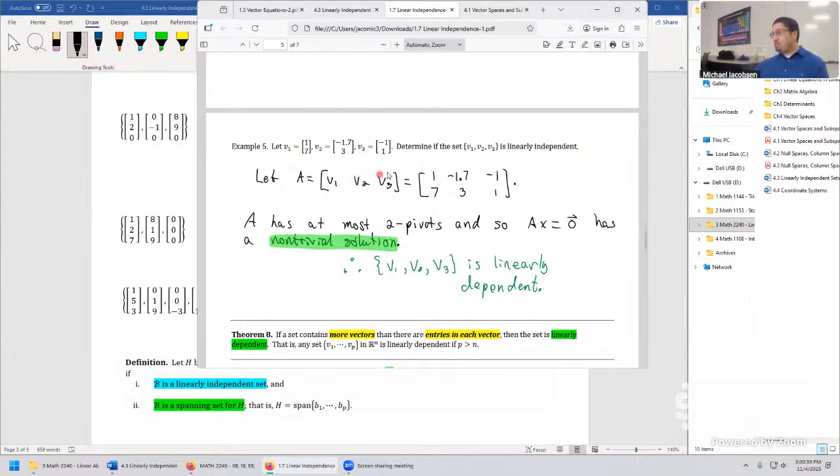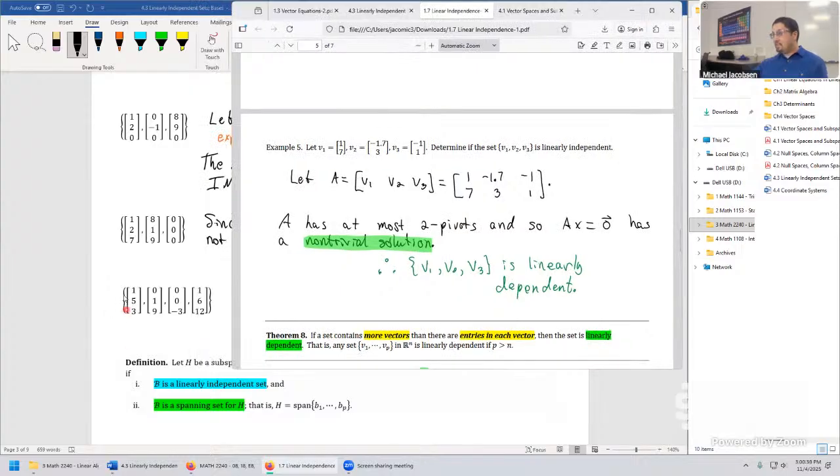So same kind of problem as what we did over here in example 5. This was way back in section 1.7. The dimension's higher, but the concept's the same. There's just too many vectors in the set.